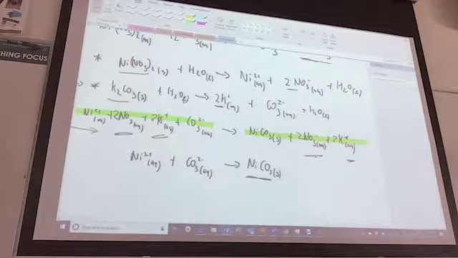A precipitate is formed. And what colour is that precipitate? What colour would nickel carbonate be? So we look on our ionic solid list. Nickel carbonate is not on the list. So therefore it would be a white solid. It says the ionic solids are the same colour as the coloured ions they contain.